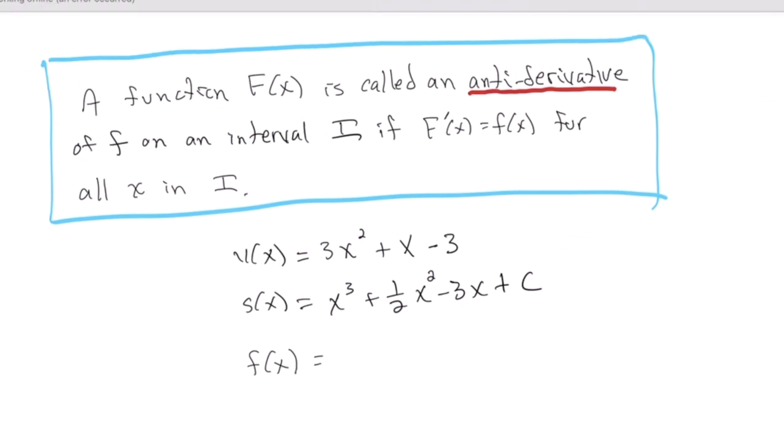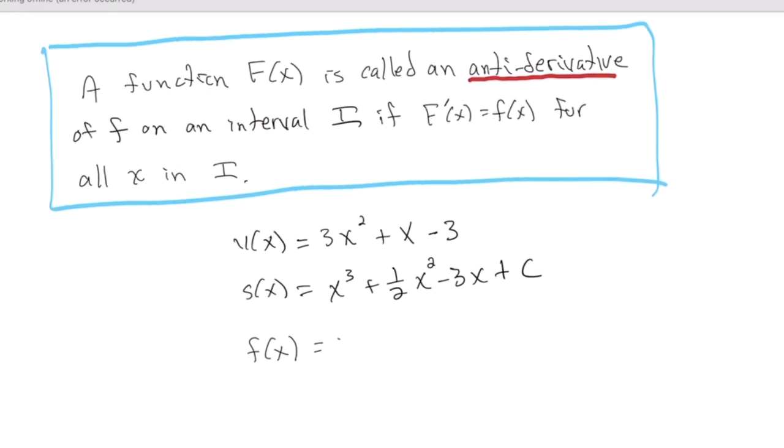So little f would be 3x squared plus x minus 3, and its antiderivative is x cubed plus 1/2 x squared minus 3x plus c.